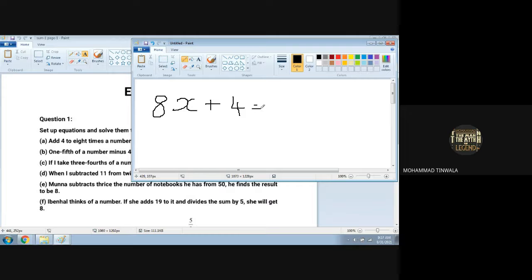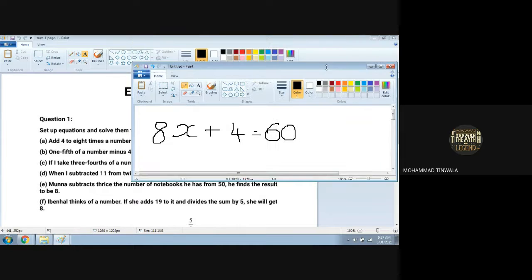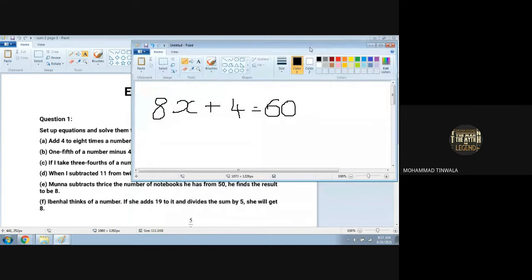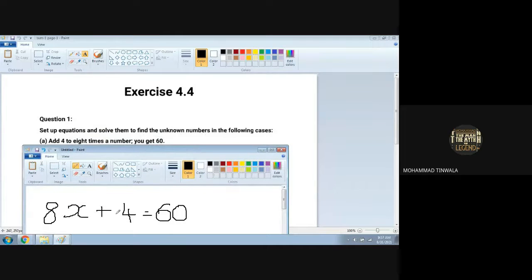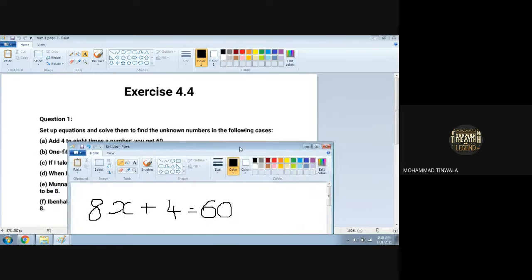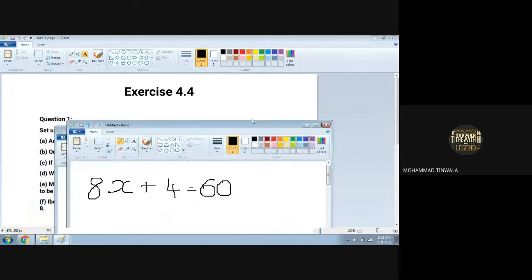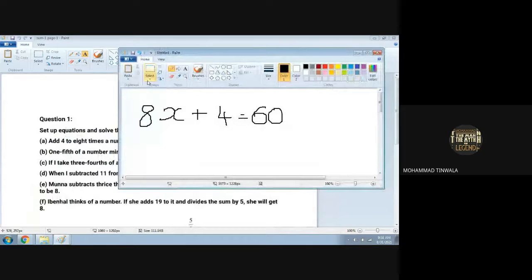So we get 60. So this is the first equation which is formed. Add 4 to be added. 8 times a number, 8x. You get 60 means is equal to 60. Now we have to solve that to get the unknown number.